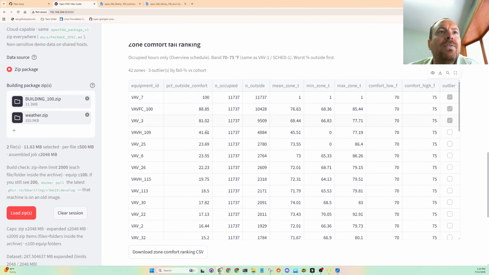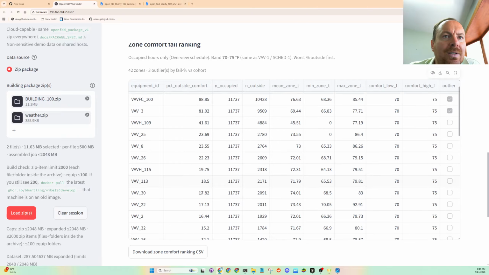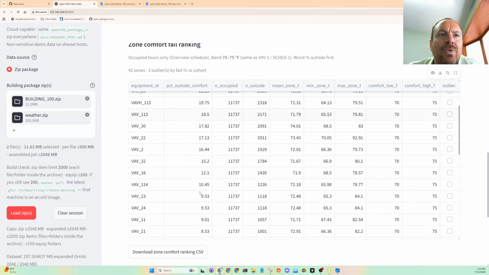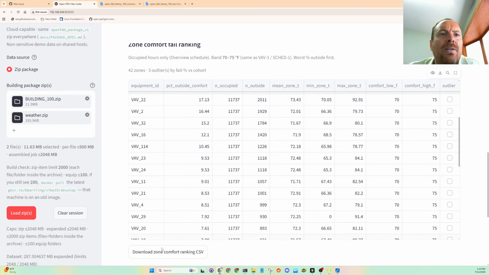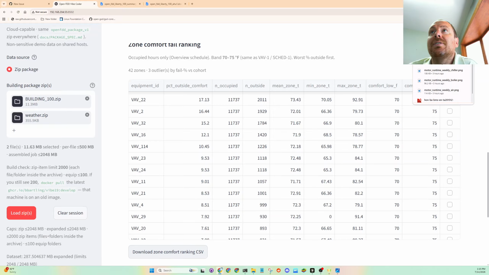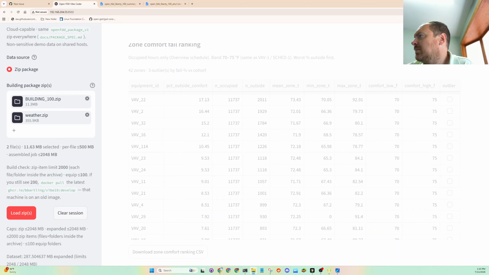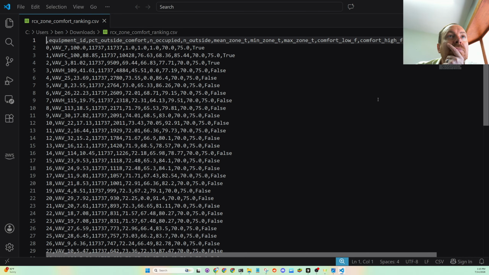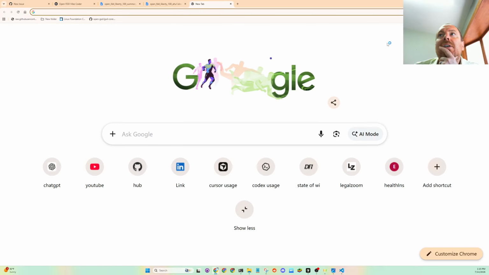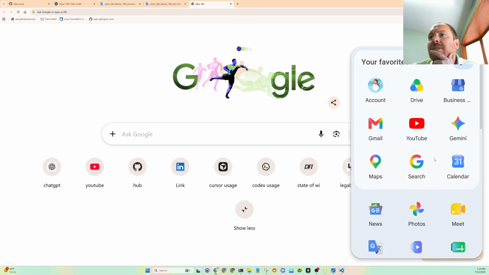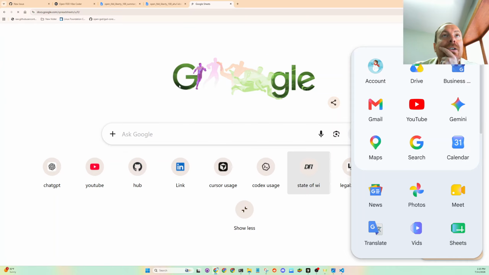So this is just ranked, and if we knew which air handling unit these guys belong to, I could even download this. Let's download this as a worst performing file. Open this in VS Code. Maybe we should just do this right in Sheets.